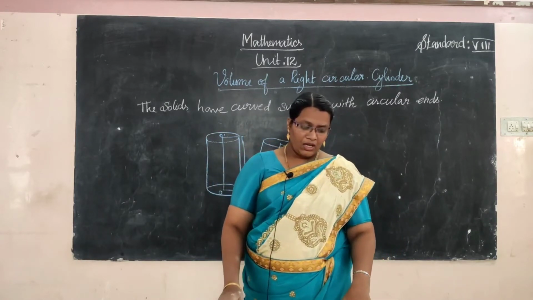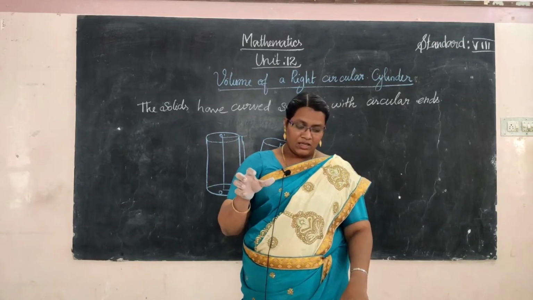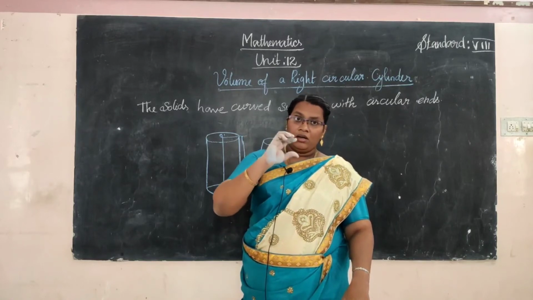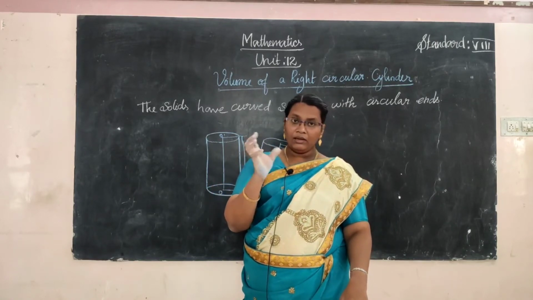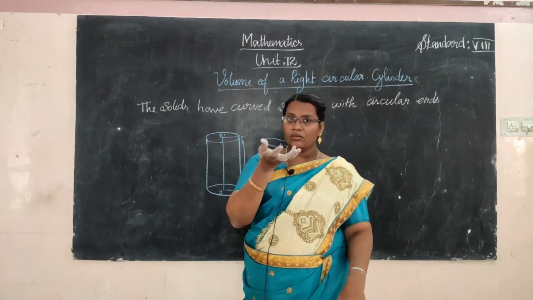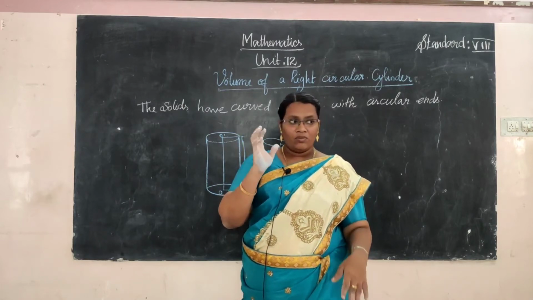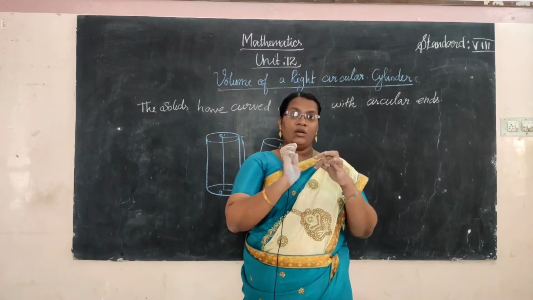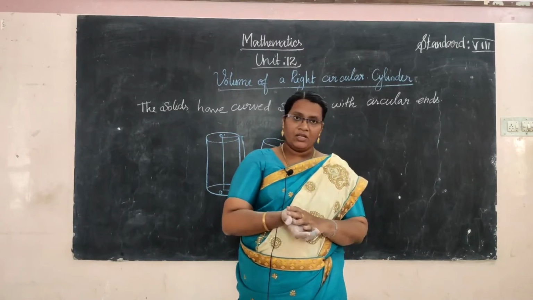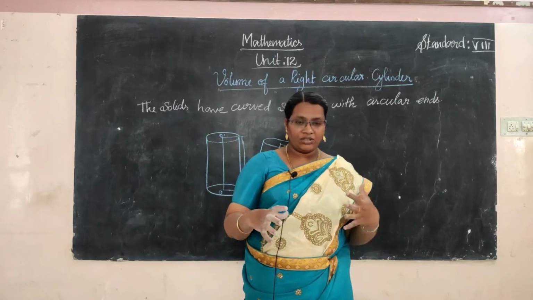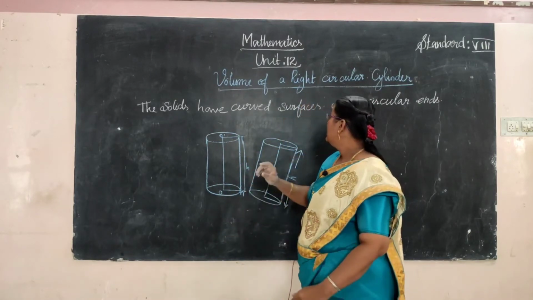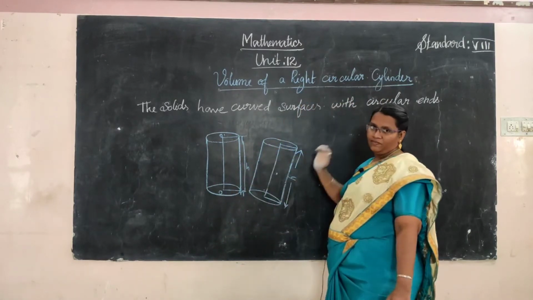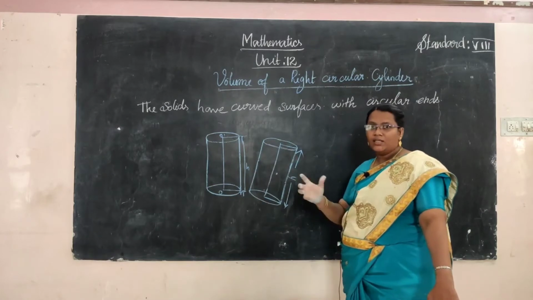They have no rectangular ends; they have curved ends. For example, in a water bottle the end shape is curved, so it does not have a rectangular shape. That is called a circular cylinder.